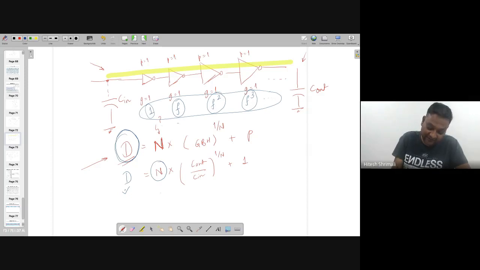So if F is equal to 2, then this is going to be 1, 2, 4, 8, 16, and so on. When I'm writing 1, 2, 4, 8, 16, and so on, that means the first stage inverter, if I have designed with 1 and 2, the next one will be 2 and 4.